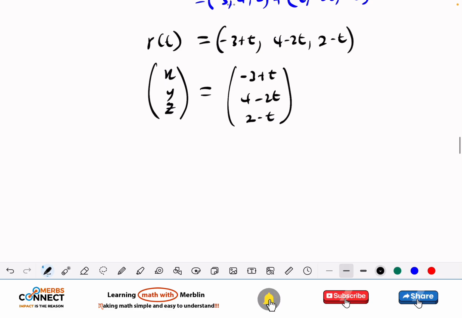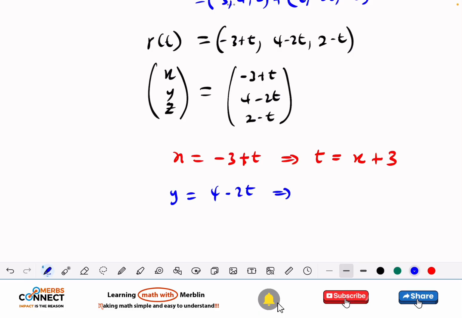Now we can compare component by component. Here x is equal to minus 3 plus t. This implies that t is equal to x plus 3, right? Then let's go to y is equal to 4 minus 2t.